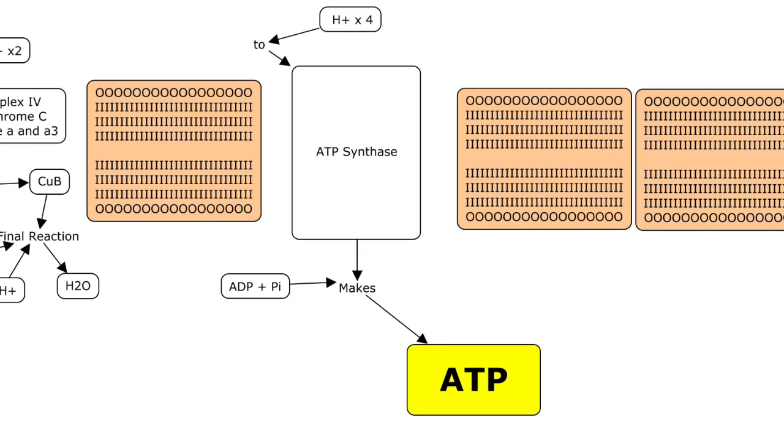So if it takes 4 hydrogen ions to make an ATP, we had 12 electron pairs going in, and each electron pair would pump out 10 hydrogen ions. So that would give us 120 hydrogens, which is enough to make 30 ATP. Now that number varies depending on what textbook you read. The general consensus is somewhere between 28 and 36. 30 is in that range, so we're just going to go with that. And that is it. That is our generation of ATP.